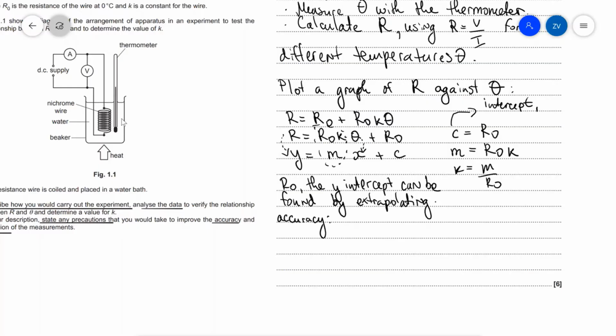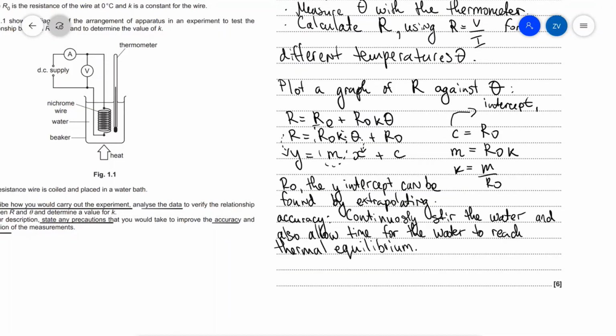Additionally, we need to allow some time for this thermal equilibrium to actually set in, because it takes some time for the heat to be distributed from this part of the water bath to the upper parts, or more importantly over here where the thermometer is.